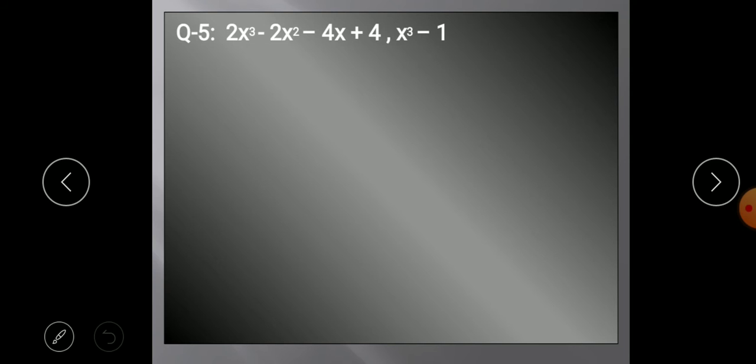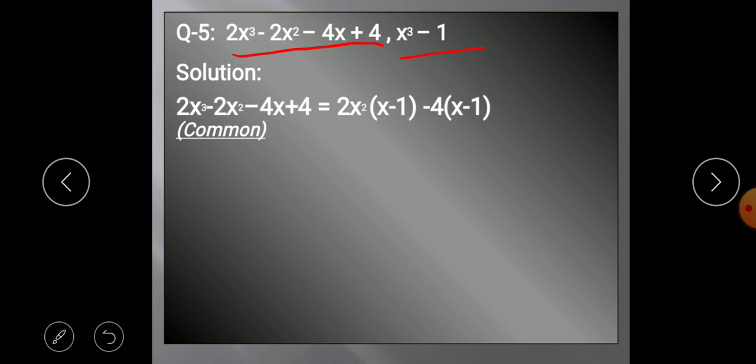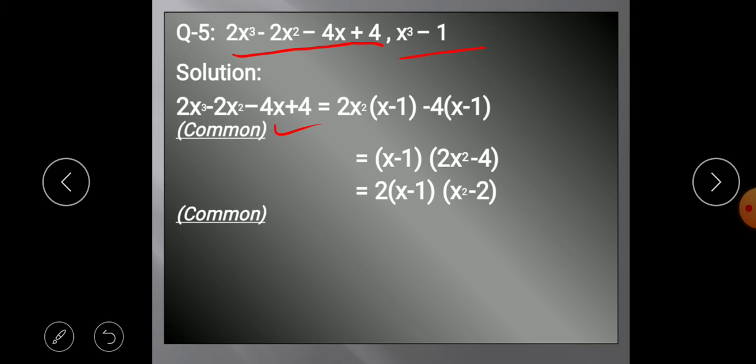Here are two expressions. And the factor form of the first expression: first of all I have found the common, and then after finding the common we have again found the common from these two terms. So 2 is common, I have written down here 2, and x minus 1 and x square minus 2.